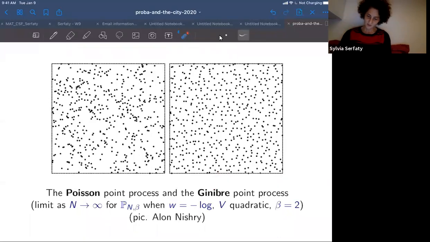It's the only case where we know the point process exactly. There is 1D log, which is not really Coulomb, for which we know the limiting point process, it's sine beta. Then there is Ginibre, which is beta equals 2 and V quadratic, and that's all. We don't know a point process when beta is not 2, for instance, and in dimension 3, we know even less.